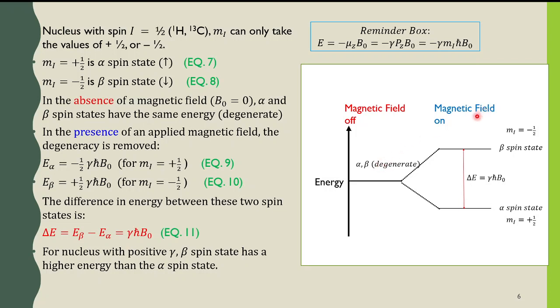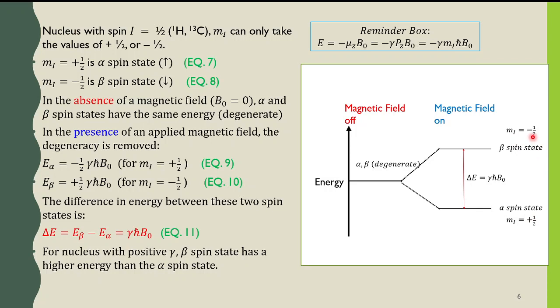But as soon as you apply the magnetic field, this degeneracy is broken, so you have this splitting, and this splitting is known as the Zeeman splitting. So you have here the alpha being in the lower state and beta being in the high state. The positive half is here and negative half is here.